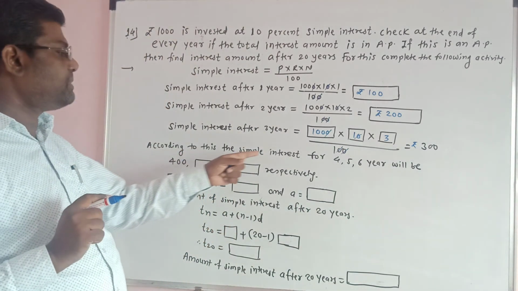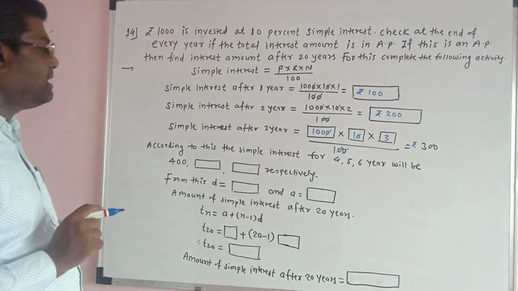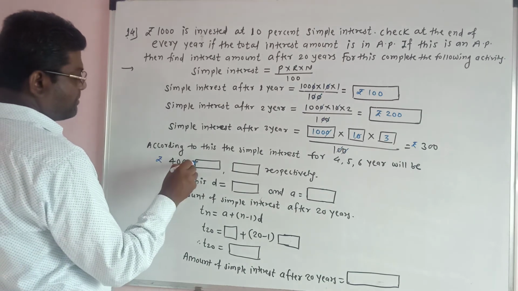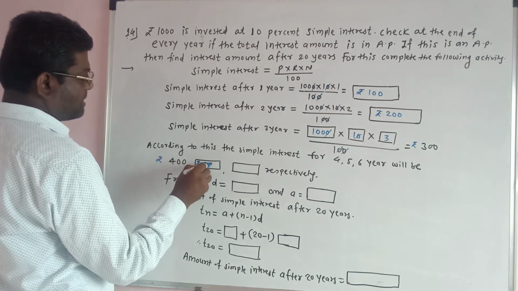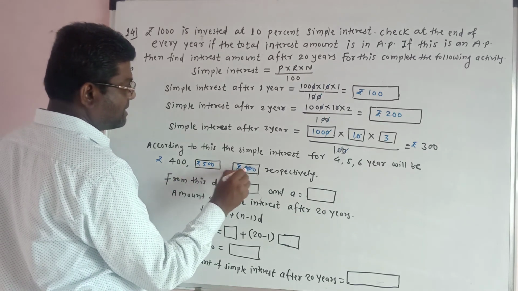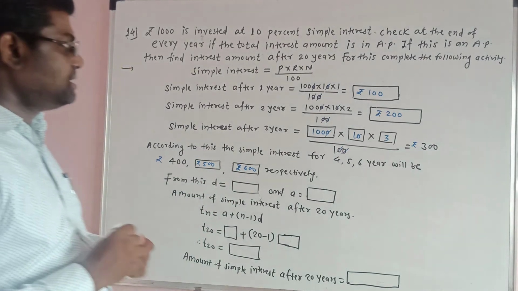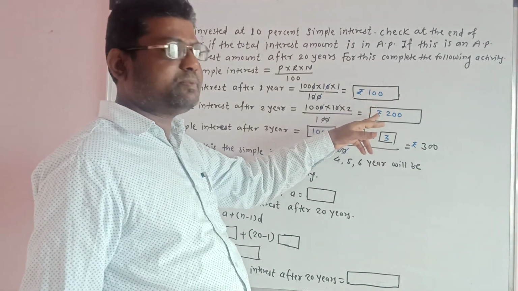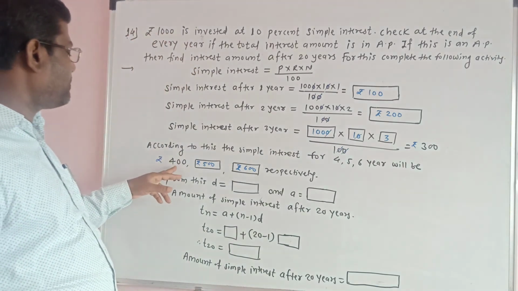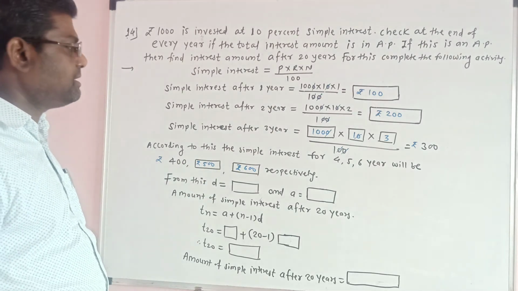According to this, simple interest for 4, 5, 6 years will be, for 4 years rupees 400, for 5 years rupees 500, and for 6 years rupees 600 respectively. Now for the first year, simple interest is 100 rupees, for the second year 200, third year 300, fourth year 400, fifth year 500, and sixth year 600.